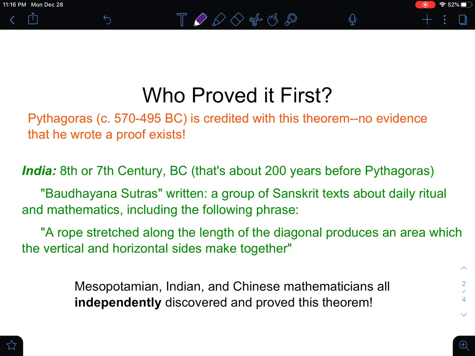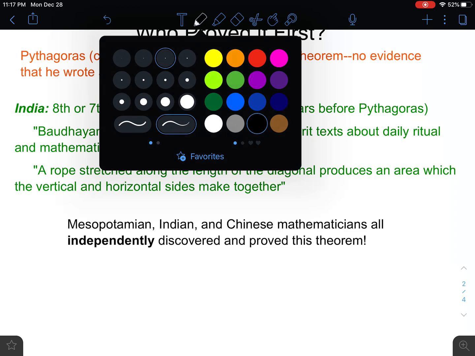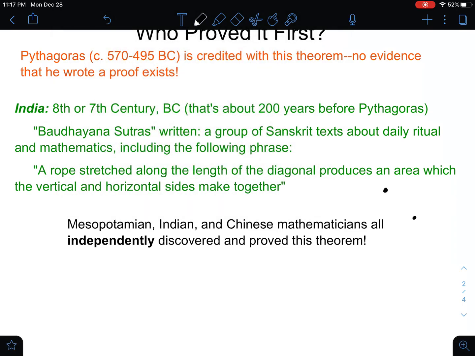Turns out about 200 years earlier, in the 8th or 7th century BC, a mathematician named Baudhayana wrote the Baudhayana Sutras. They were a group of Sanskrit texts about daily rituals and mathematics that included the following phrase: a rope stretched along the length of the diagonal produces an area which the vertical and horizontal sides make together.